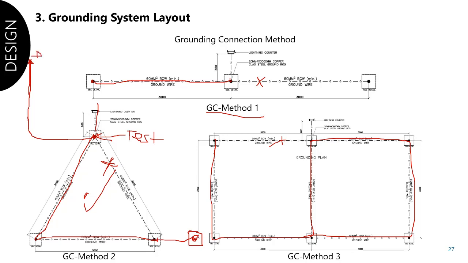If you do maintenance or testing, how will you test the grounding resistance? If you test here, it also includes your air terminal. That's why other air terminals, before they are turned over, because we do a testing before we turn it over to the owner, have been damaged because of the voltage injected here.